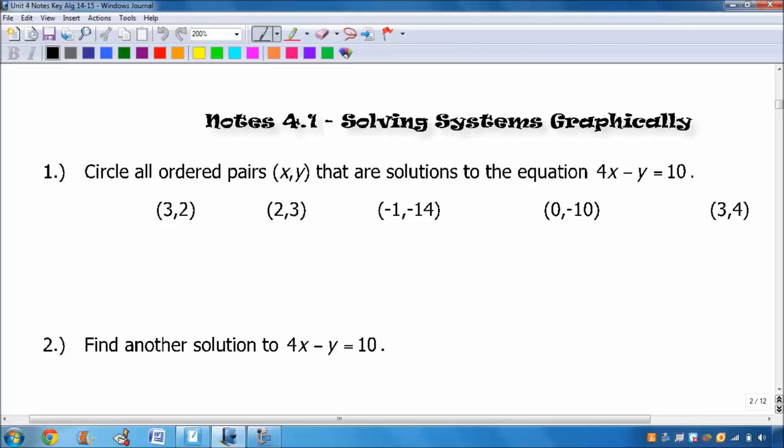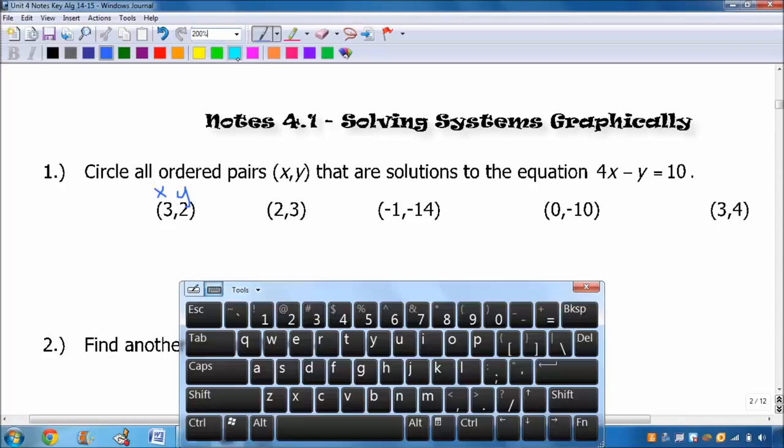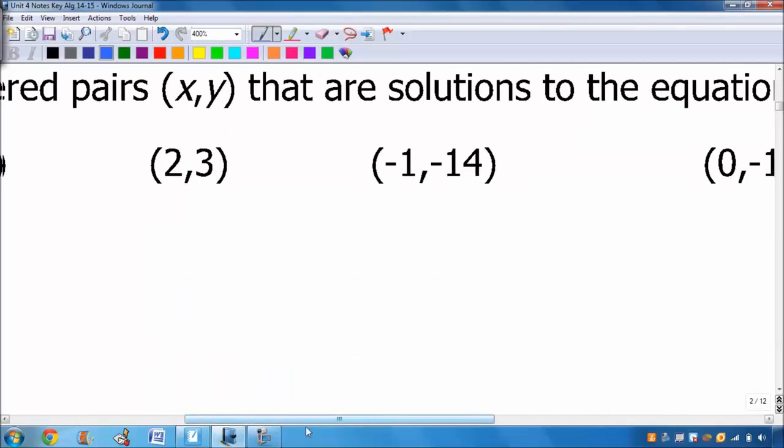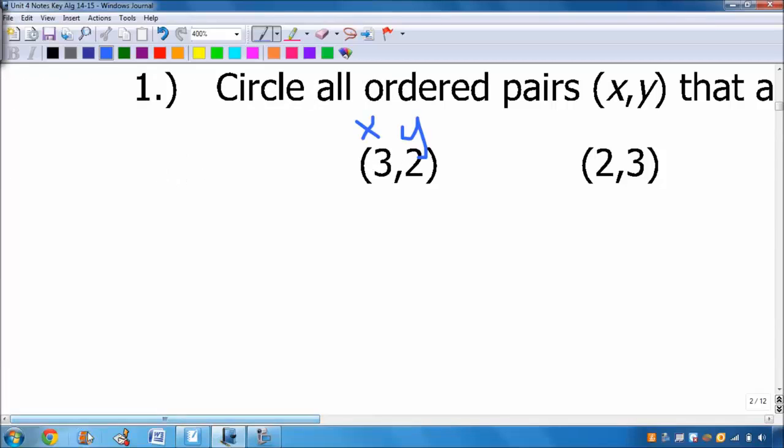Normally we would isolate the y, but I just want to know, are these coordinates actual solutions or not? All I have to do is take my values and plug them in. I know that x is 3 and y is 2 in this example. So plugging into 4x minus y equals 10, I would do 4 times 3 minus y, which is 2, equals 10.